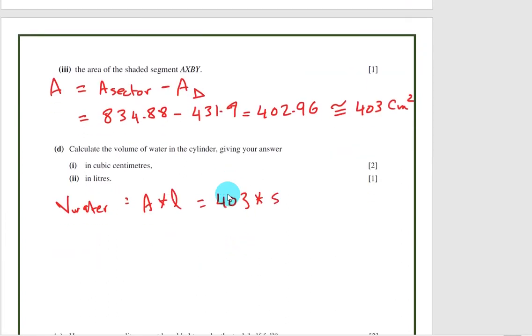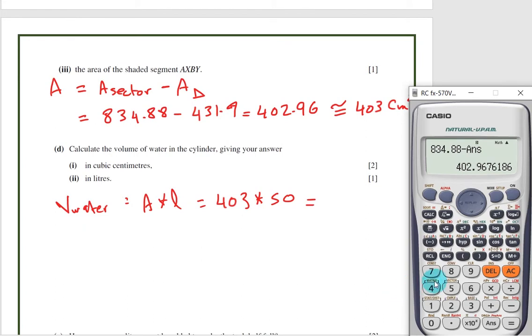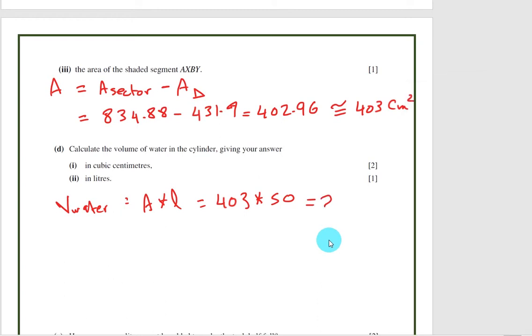So the volume will be 403 by 50, which is 20,150 centimeter cube.